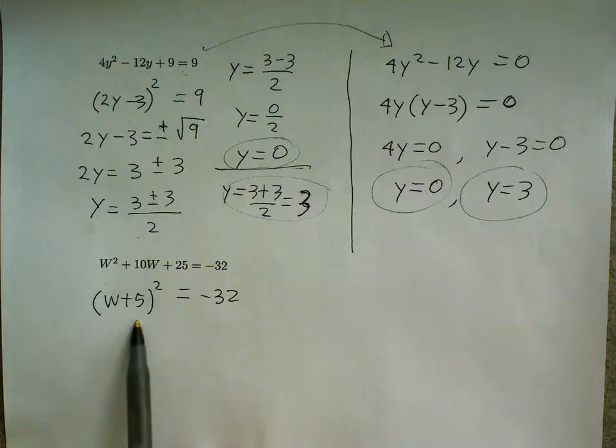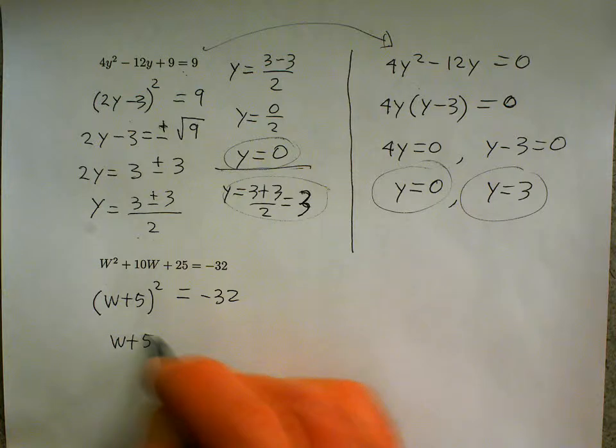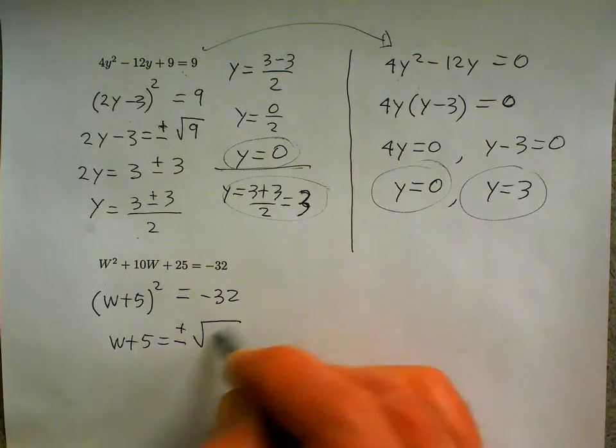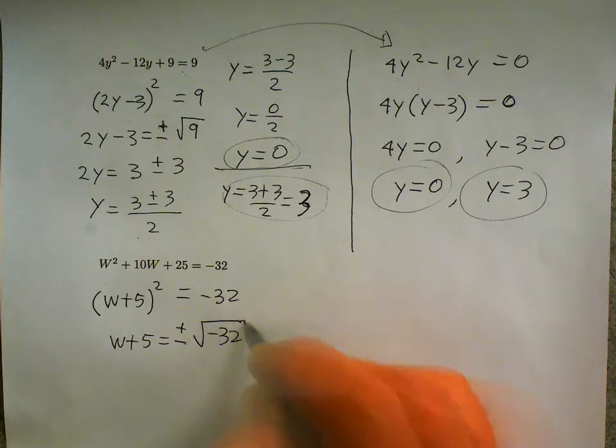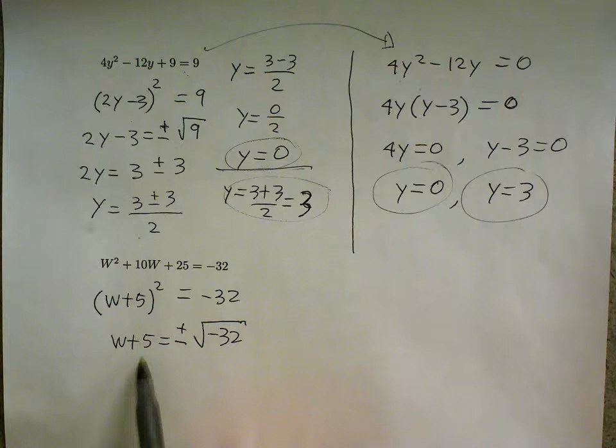And then apply the square root property. And we get w plus 5 equals positive and negative square root of negative 32. And then subtract 5 from both sides.